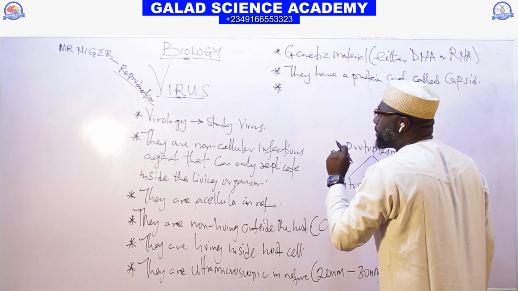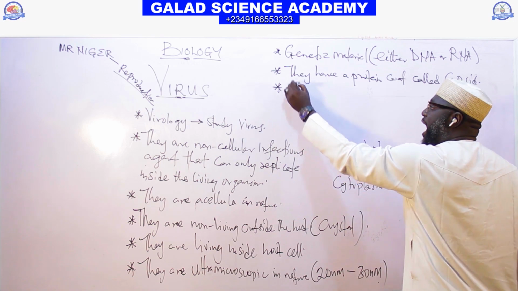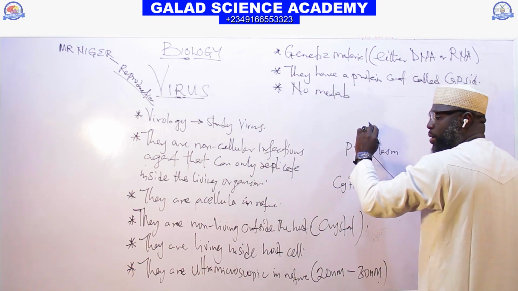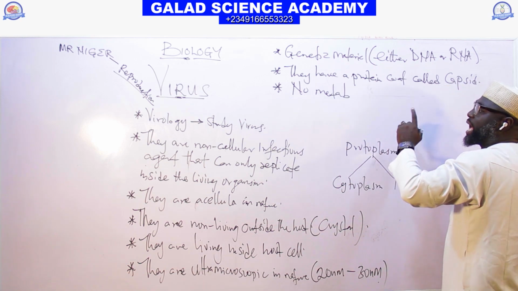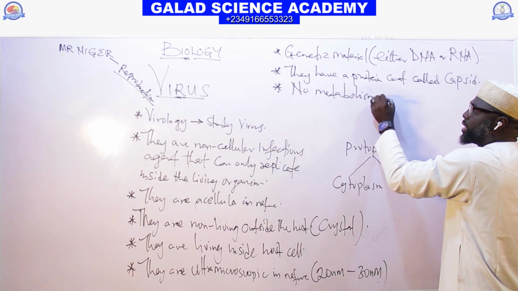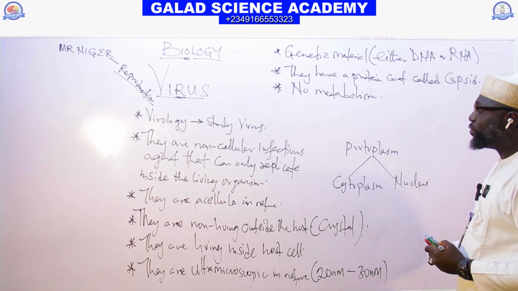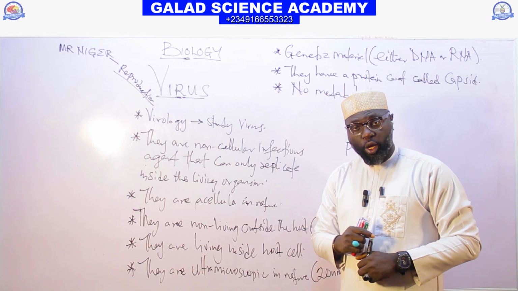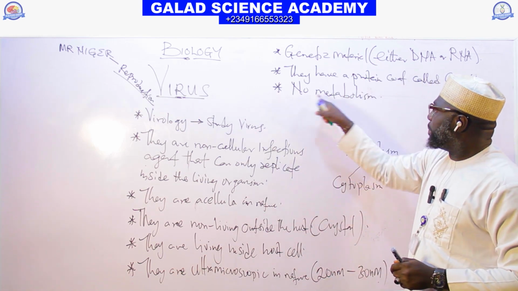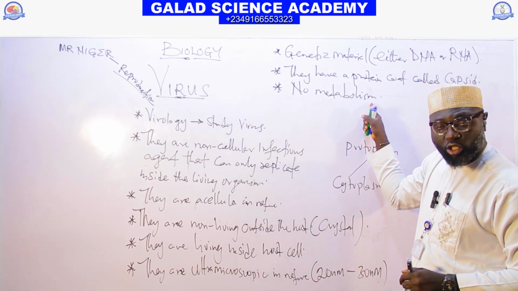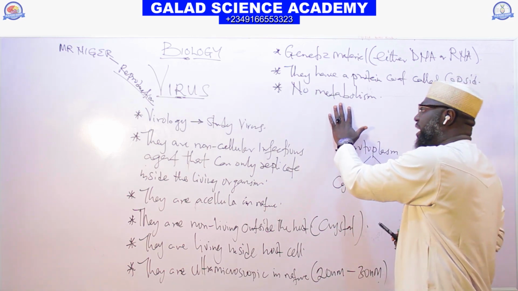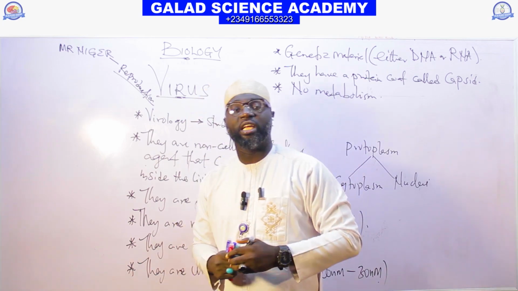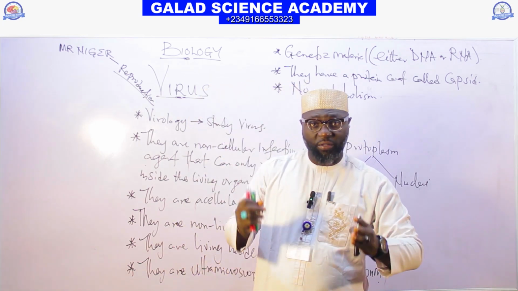And the next feature of virus is that they have no metabolic reaction. So the virus is a kind of organism where metabolic reaction does not occur. What is metabolic reaction? Metabolic reaction is the sum of the chemical reactions that take place in the cytoplasm of the cell.